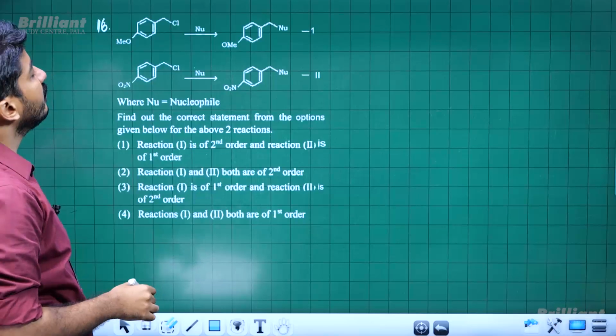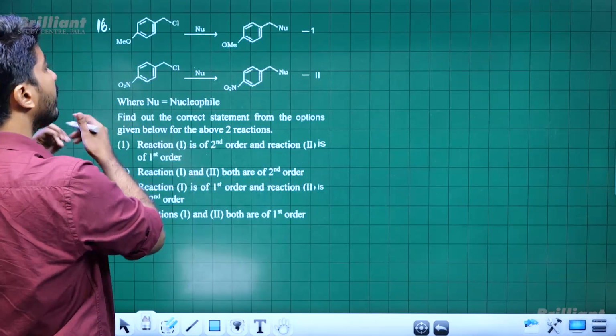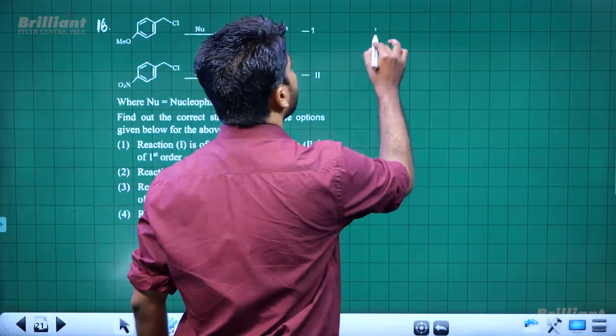Okay, next question. We are given haloalkanes that are benzylic halides, and let me redraw the structure.